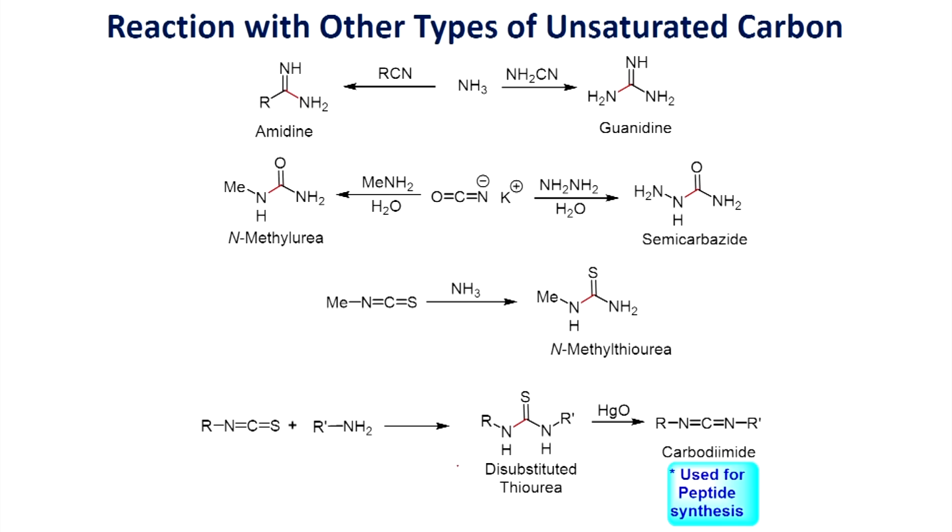The reactions of ammonia with nitrile are shown. The first example involves, if you remember earlier, this electrophilic carbon. Once we have the ammonia, it can readily undergo addition reaction.